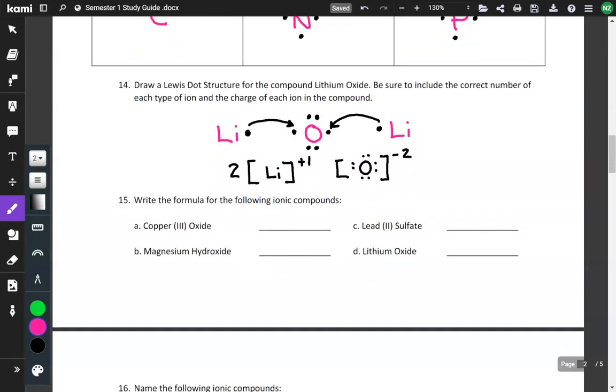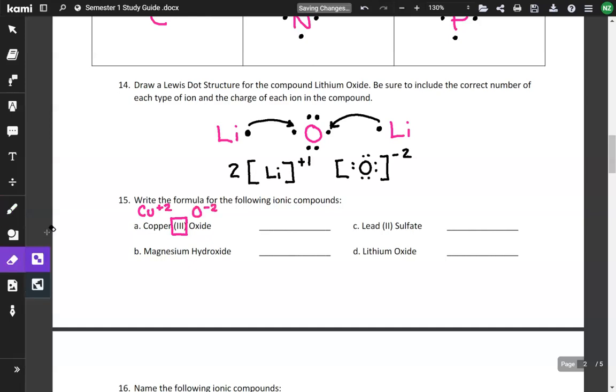All right, write the formula for the following ionic compounds. Okay, when you are working with ionic compounds, if it gives you Roman numerals, that tells you the charge. So copper here is +3. Oxygen is -2. Sorry, it should be 3.